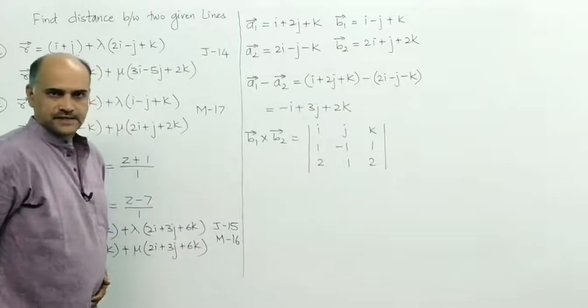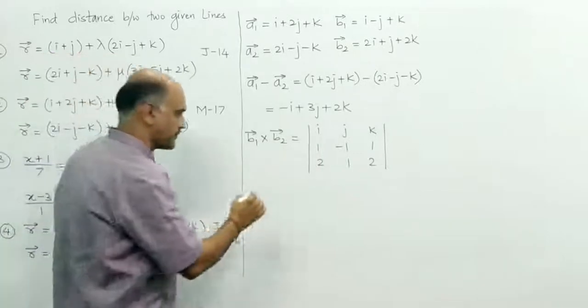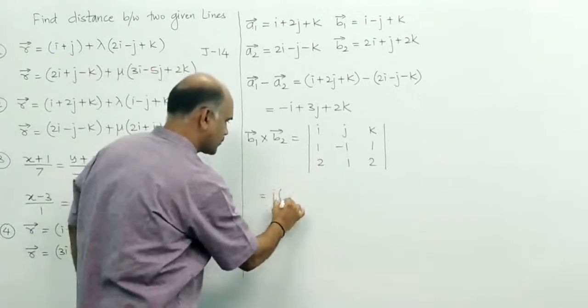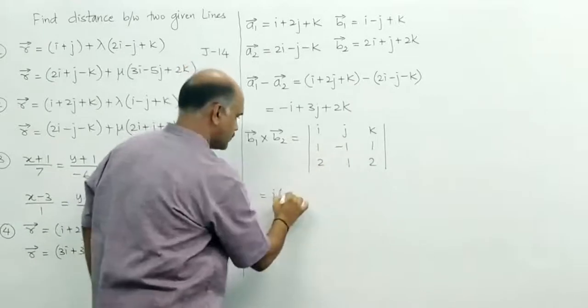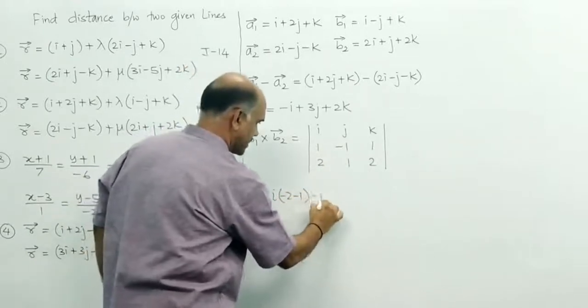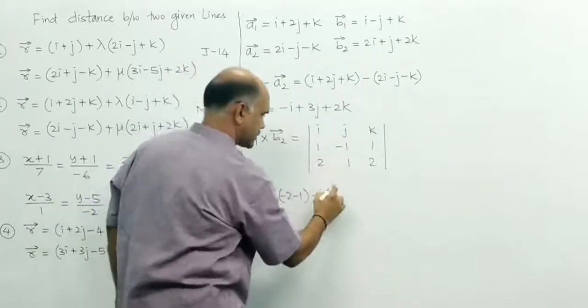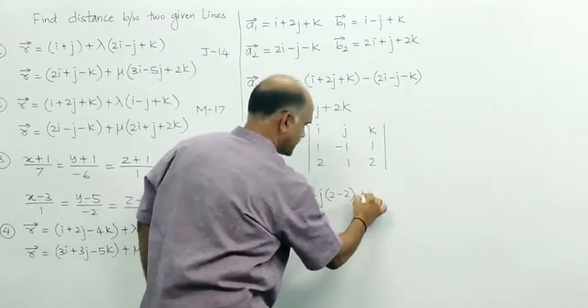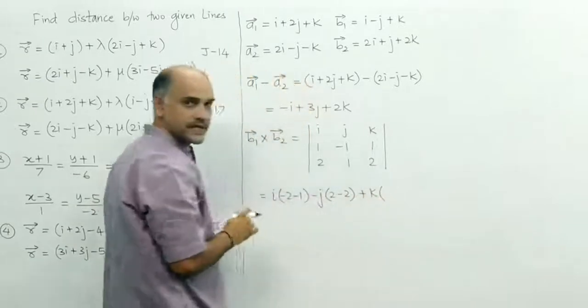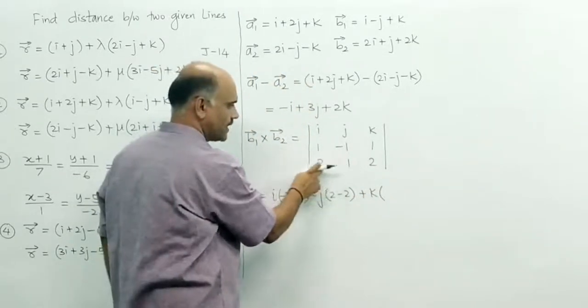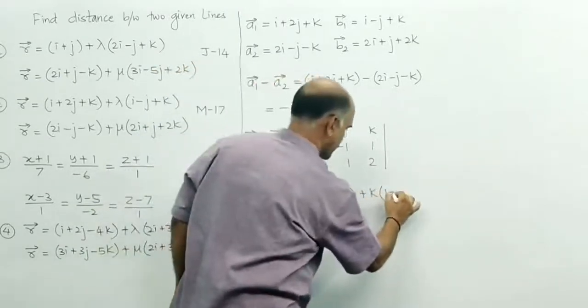Now expand this. So we expand i into bracket minus 2 minus 1, minus j into bracket 2 minus 2, plus k into bracket 1 plus 2.